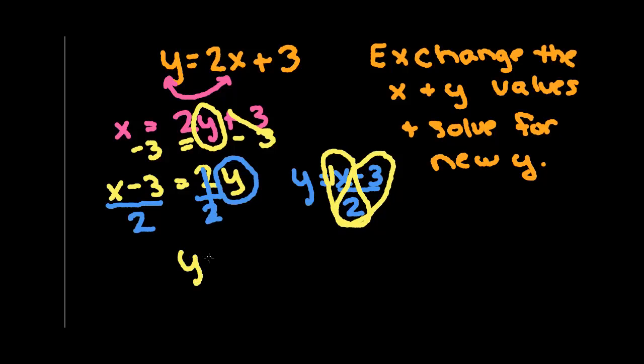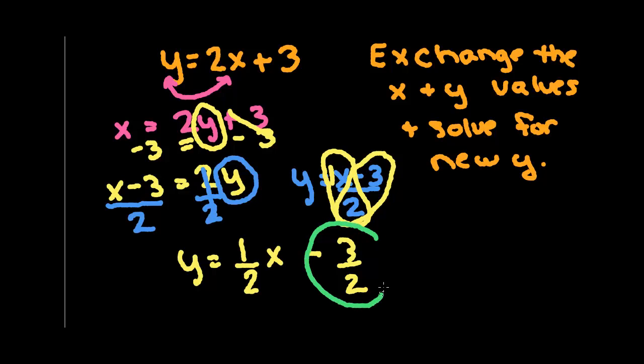So I can have y equals the 1. I'm just going to put the two numbers together and let the x sit on the side. So 1 over 2x minus 3 over 2. I simply let that 2 go underneath the 1 here and then underneath the 3 there. And that will now allow me to have this in slope-intercept form.